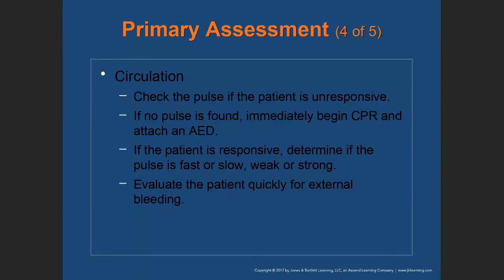If the patient is responsive, determine if the pulse is fast or slow, weak or strong. Evaluate the patient quickly for external bleeding. Yes, even if it's a medical patient, we still look for bleeding. A medical patient can bleed. They can have medical conditions that cause them to bleed excessively.